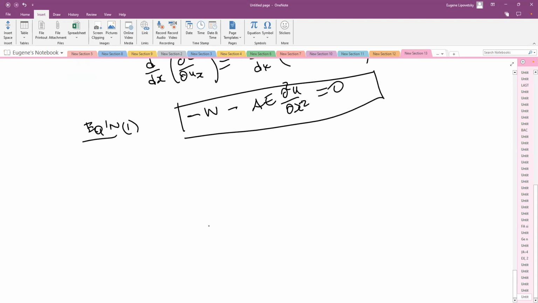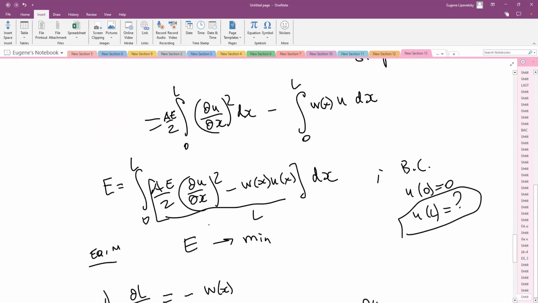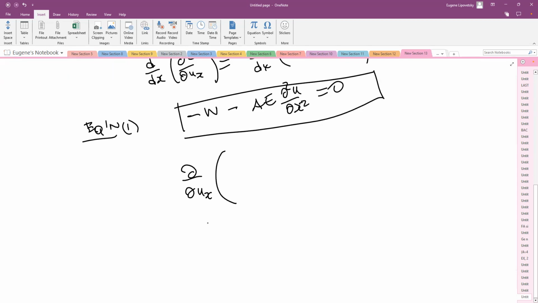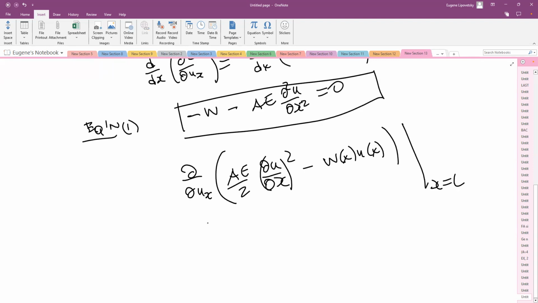That means in our case, d over du of x of our thing, which is AE over 2 du over dx squared minus W of x u of x, and that at x equals L at the right-hand end should be 0, which is going to be AE du over dx at x equals L, and it should be 0. That's the natural boundary condition.